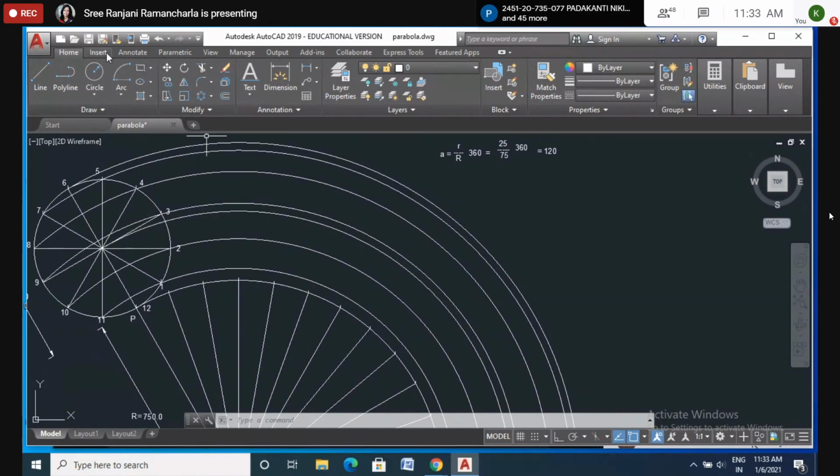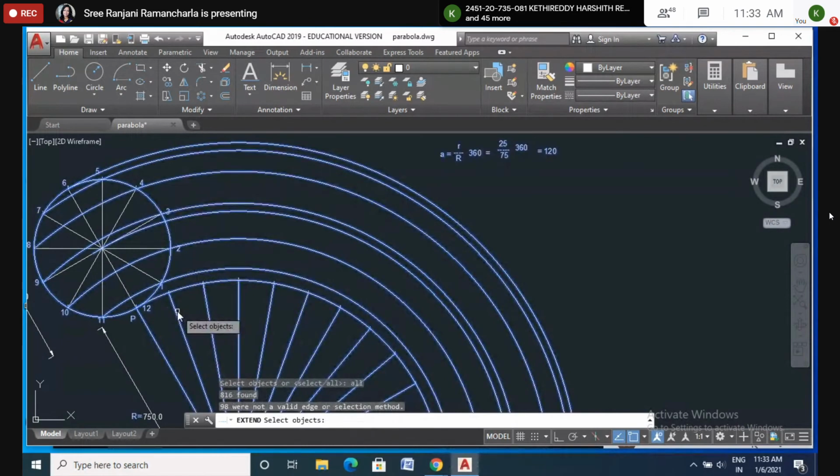So I will make a line here. I will take the command extend. Instead of doing it like that, I will take extend all. Enter. Then this one I want to extend one by one.